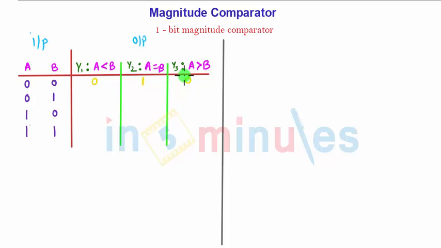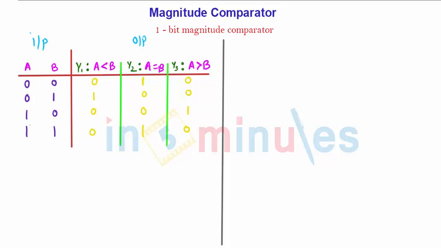In the second case, where A is 0 and B is 1, B is greater than A, so output Y1 will be present and the other two outputs will be 0. Third case, A is 1 and B is 0, A is greater than B, so output Y3 will be present and the other two will be 0. And for the last one, once again A and B are equal, so output Y2 will be present, and Y1 and Y3 will be 0.